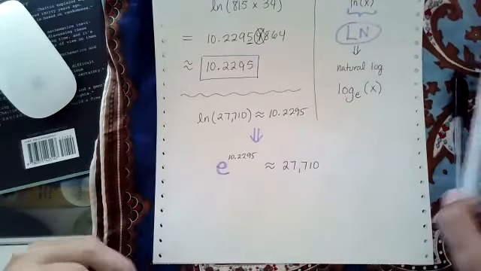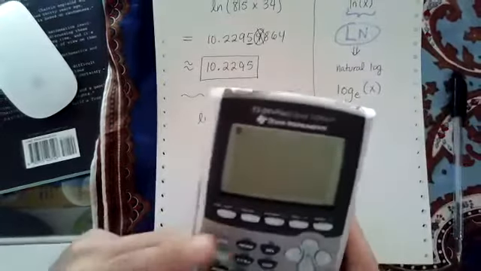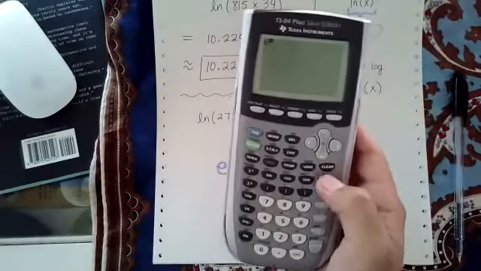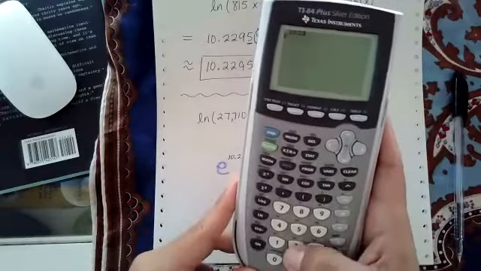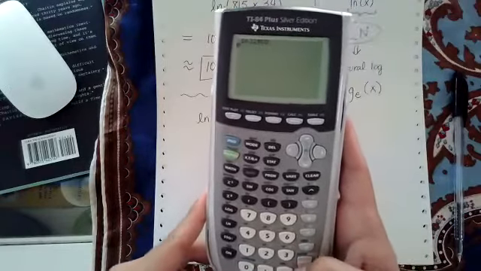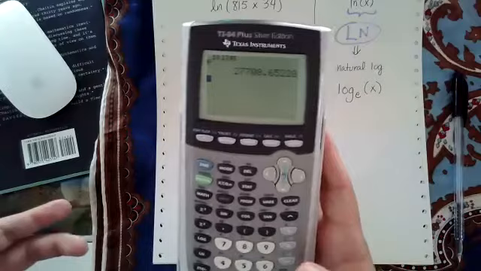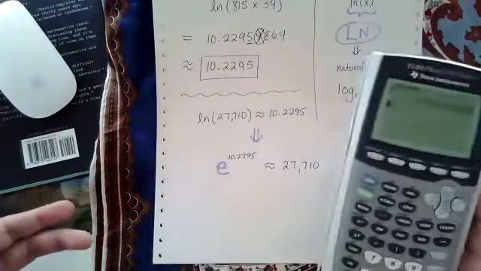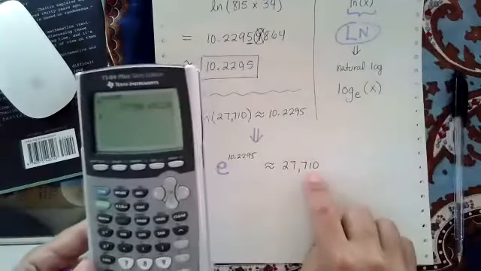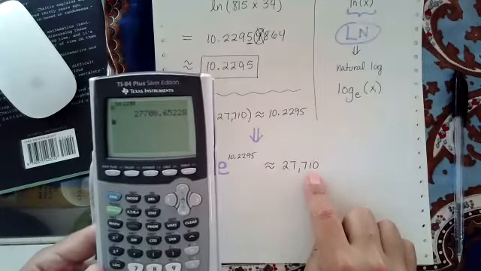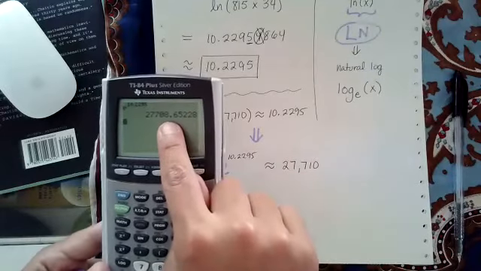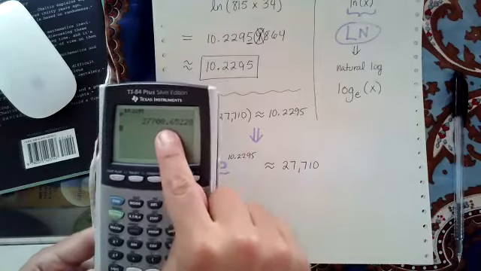We could verify that by going into our calculator, typing e to the 10.2295, and seeing if we get close to 27,710. You see that we're off by about 1 and some change, but we're pretty close.